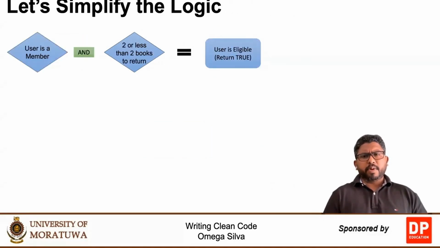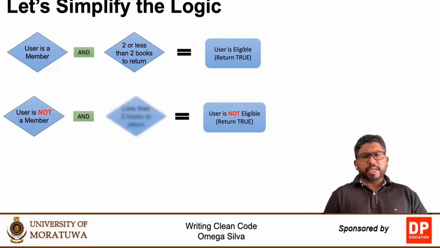Let's break down this logic even further to understand the logical AND operation at play here. For the function to decide the user is eligible, both the conditions have to be true. In other words, the user must be a member and the user must have 2 or less than 2 books to return. If both these conditions are satisfied, then the user is considered eligible.